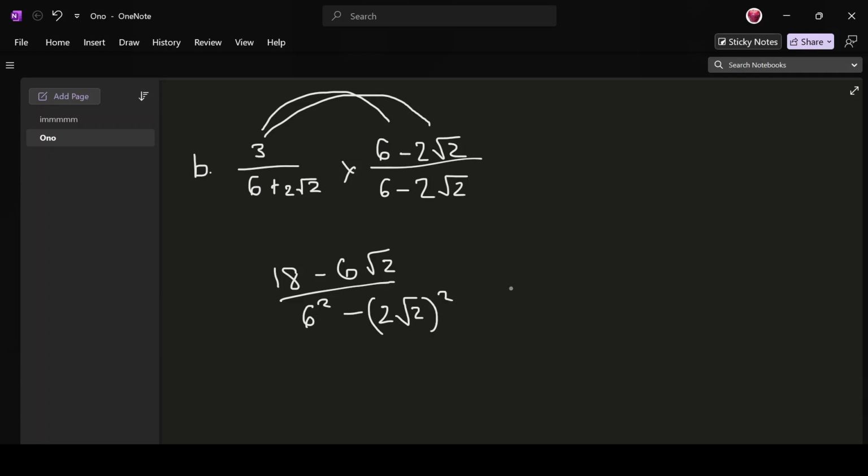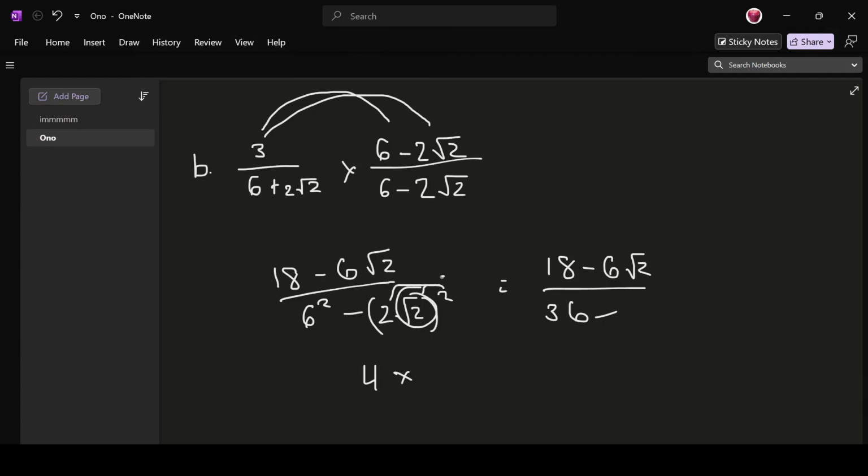Alright, so I'm going to rewrite the top number. 6 squared, that is 6 times 6, so it's 36, minus, okay, so the square here actually just distributes to both the 2 and the square root of 2. So 2 squared is equal to 4, right?